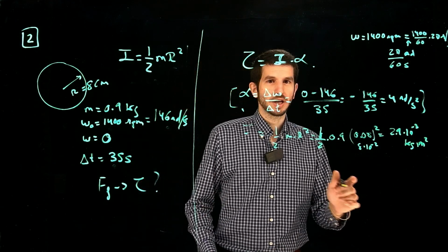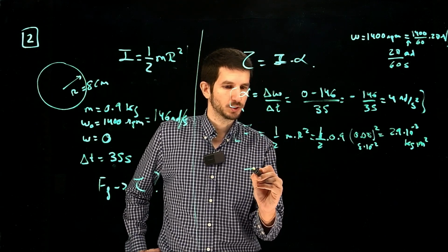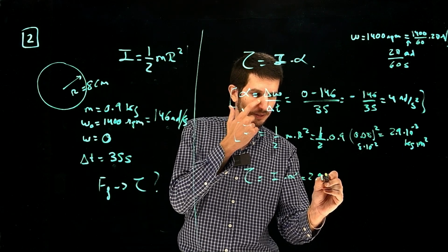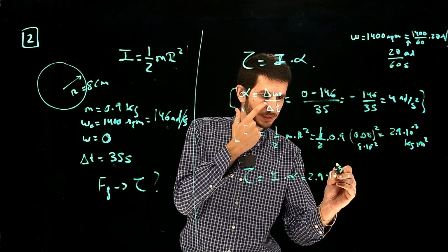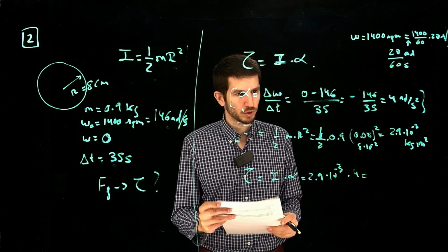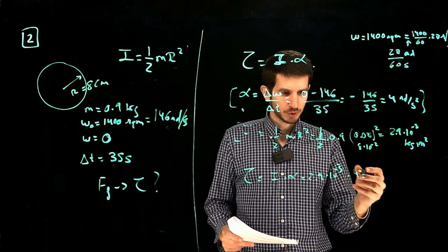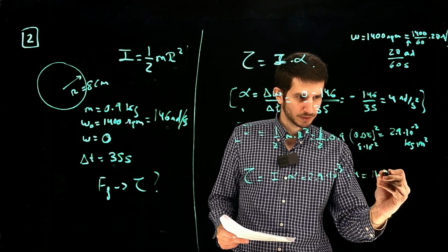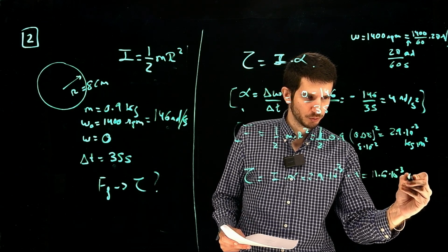And then from those numbers, we can finally determine what the torque is. Well, torque is I times alpha, so it's going to be 2.9 times 10 to the minus 3 times 4 radians per second squared, and that's going to be like 11.6, right? 11.6 times 10 to the minus 3 newtons per meter.